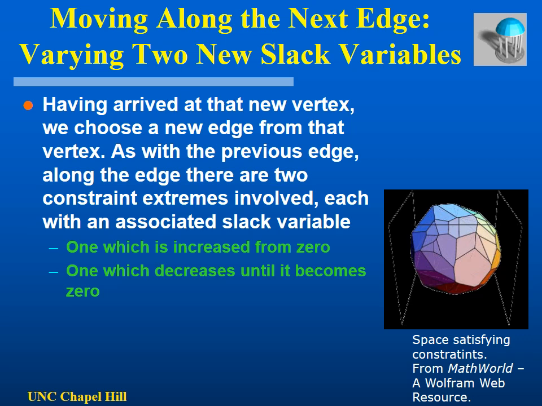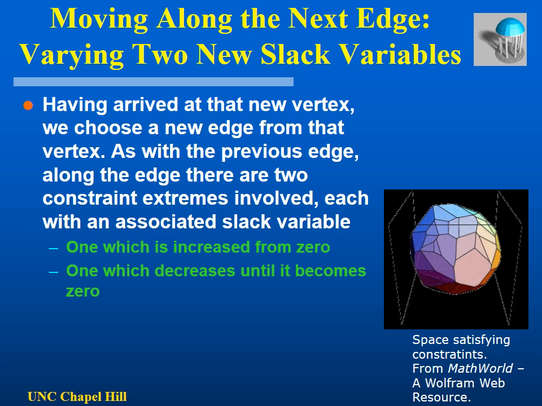So we're talking about moving along an edge. Once we get to the end, the place where we're blocked by the new constraint becoming 0, the new slack variable becoming 0, we have to choose a new edge.